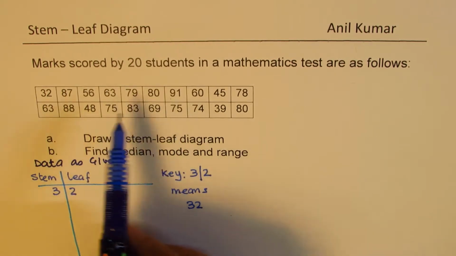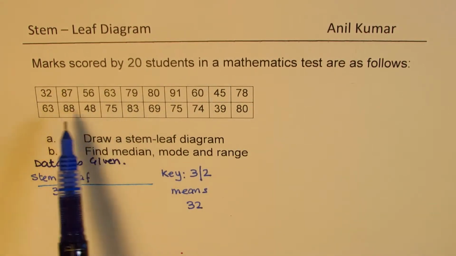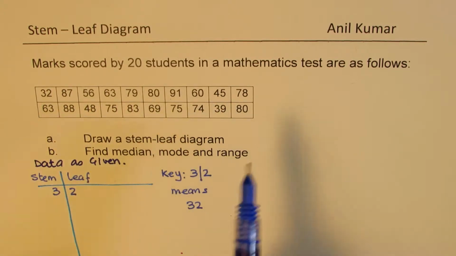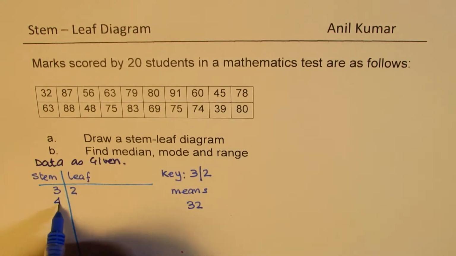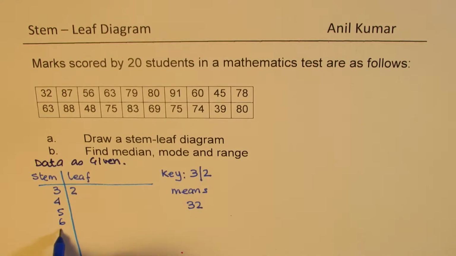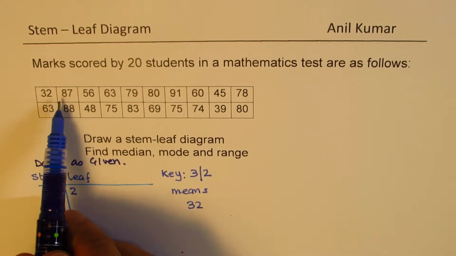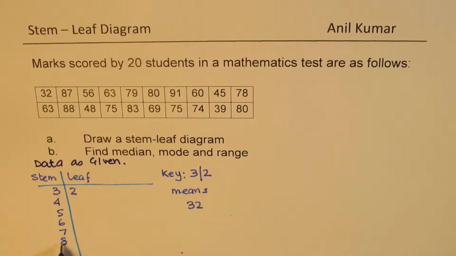Now let's continue with the other terms. We do have terms like 30, 40, 50, 60. So let's write 3, 4, 5, 6, 7, 8 in a sequence. The next number here is 87, so 8 and 7.